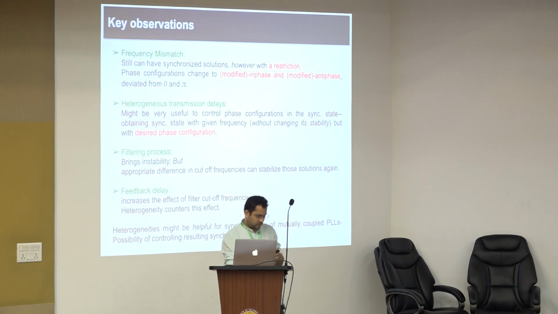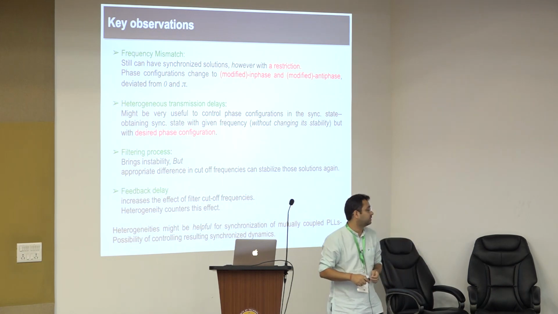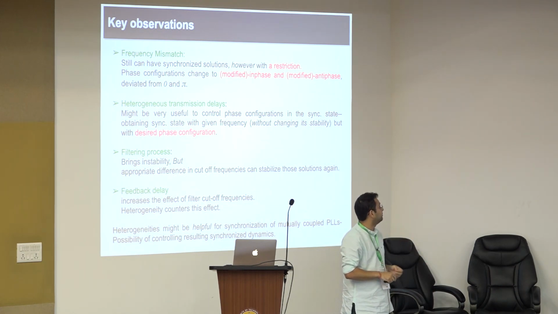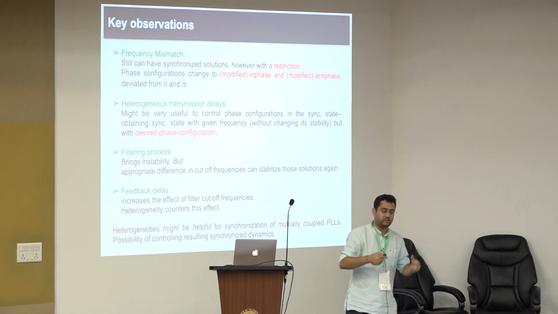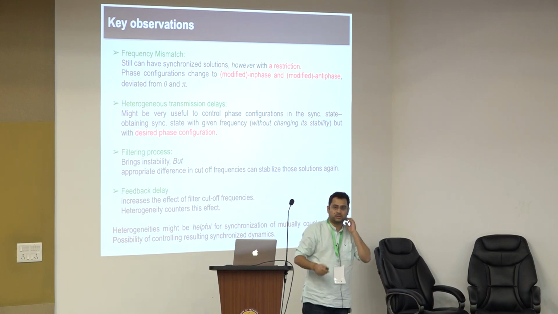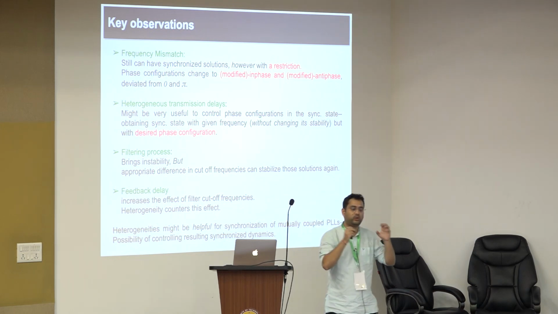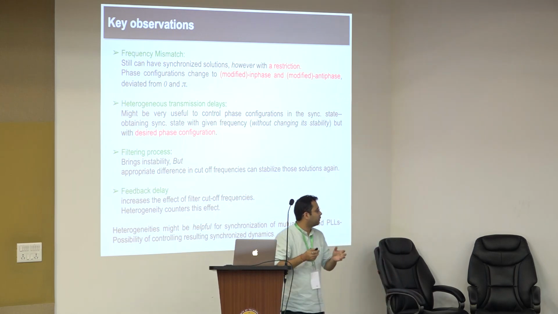All right, so the key observations are that there are different types of heterogeneities in our system: frequency mismatch, heterogeneous transmission delay, heterogeneity in the filtering process, and feedback delay. And of course there is coupling strength, which will influence all of these factors in some way.